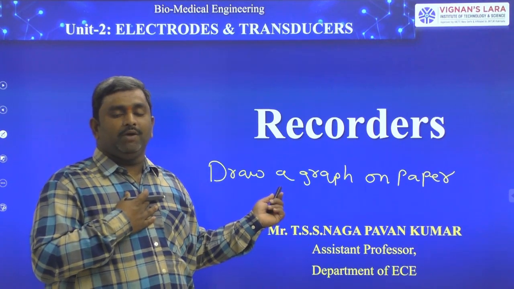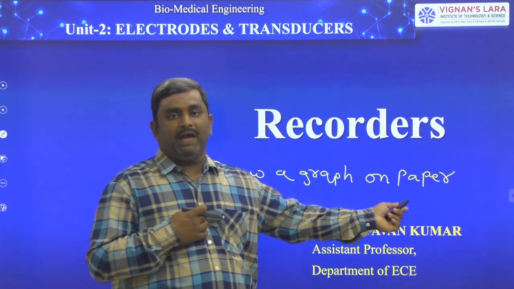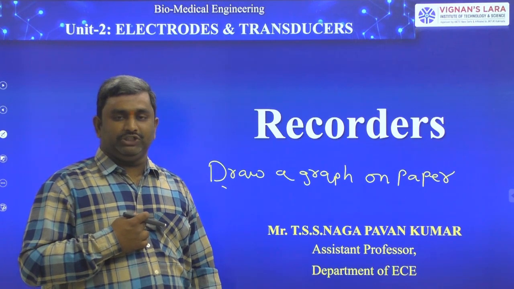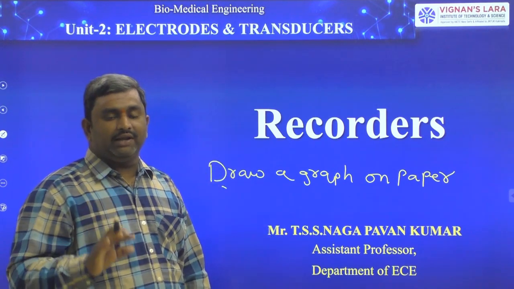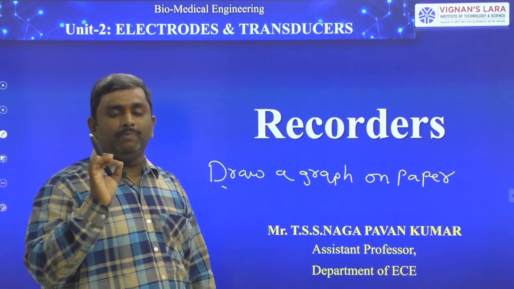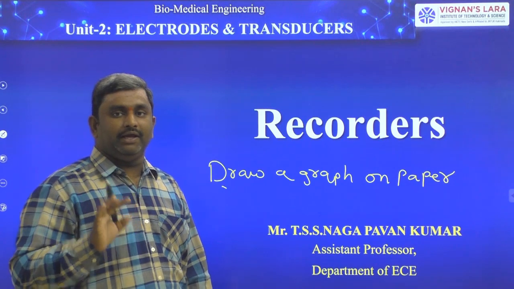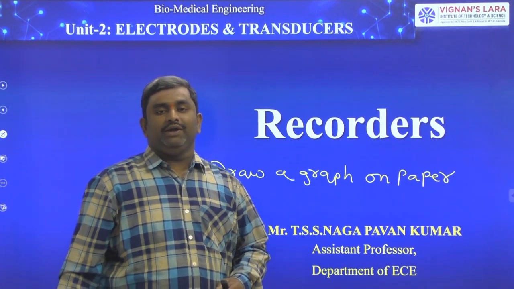Our human body biopotentials are drawn as a graph on the paper by using a recorder machine. It is very important, you have to remember. So the recorder gives a graphical representation on paper. This is the major purpose of the recorder.